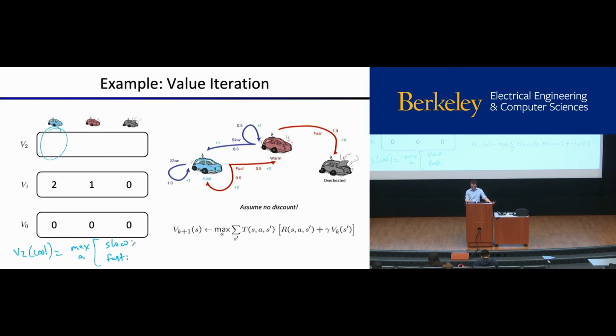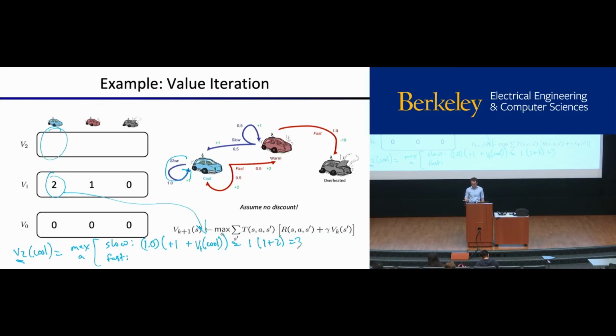The slow case is 100% probability of doing one thing, and that one thing is we get a +1, and then we have a gamma-discounted, we can ignore gamma, V cool. But which V cool? Since we're looking for V2, we need to ask for V1 here, and that's going to be the value here. So we already have that. We can just look at our table, put this 2 in there. So this is equal to 1 times 1 plus 2, which is 3.